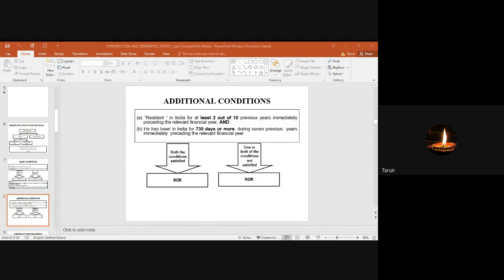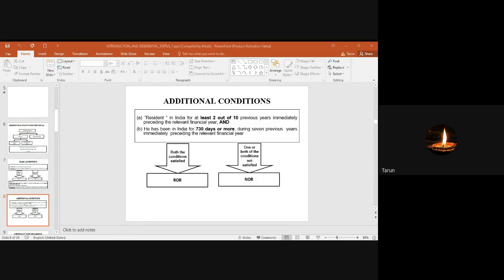For example, you are residing in India during the 7 years. Within the 7 years, if 730 days is completed or more than that, you become an ordinary resident. If you satisfy both conditions, which are very similar to each other, they are categorized as two conditions, but they are very similar.